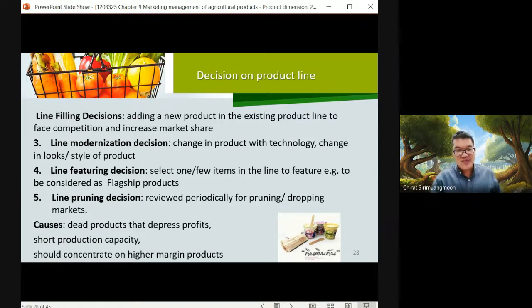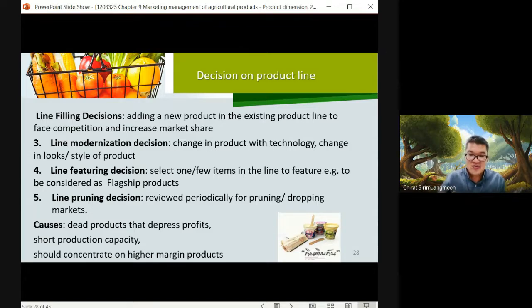And the last one. Sometimes you have a problem, like you don't have good sales, or not enough people want to buy your products. So we need to prune, or delete. We call this the line pruning decision. Normally you need to review periodically, like checking every 6 months or every year, which product lines should be removed.